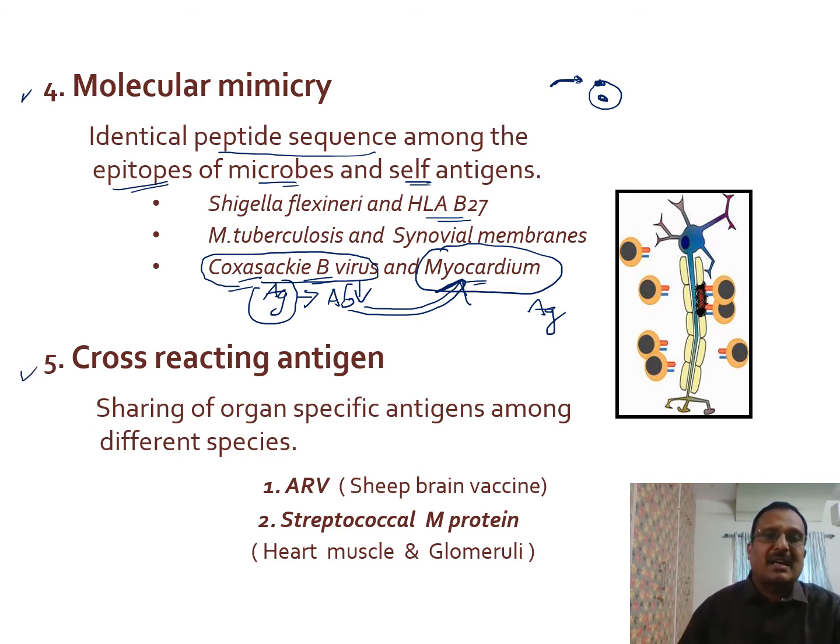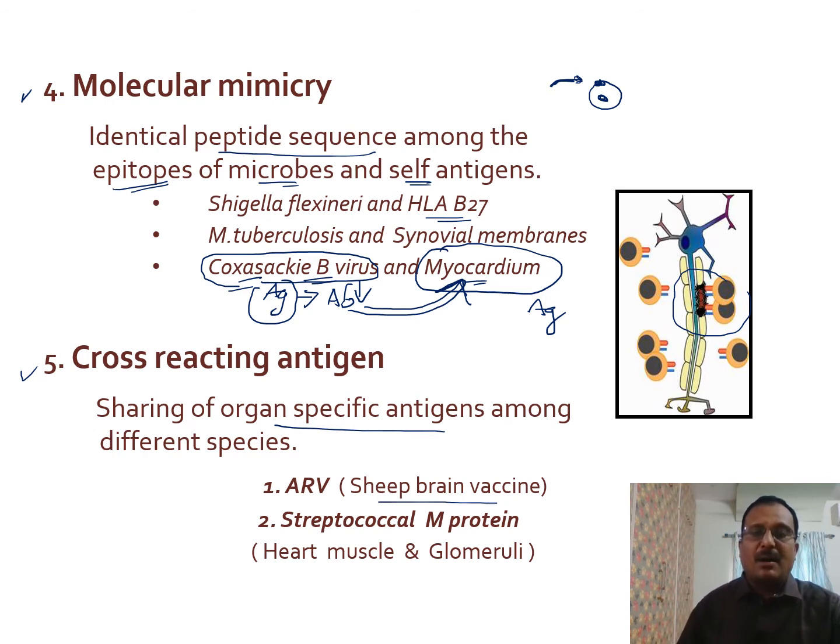Next one is cross-reacting antigens. The same type of organ-specific antigens are present among different species. For example, sheep brain vaccine. We have many vaccines against rabies. The anti-rabies vaccine, which is prepared from sheep brain tissue, has structural similarity with the brain cells of the receiver, that means human beings.